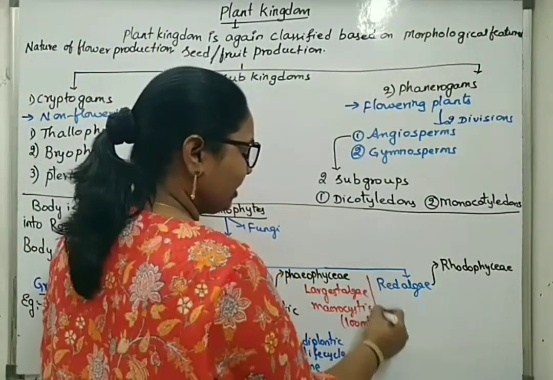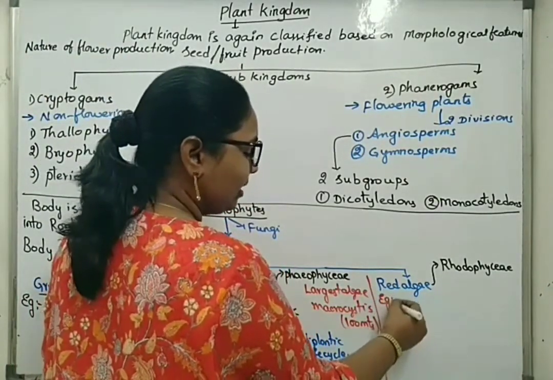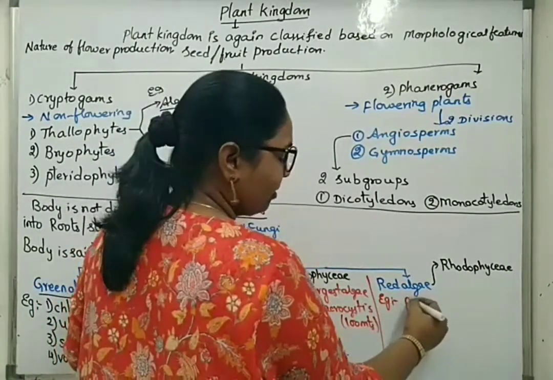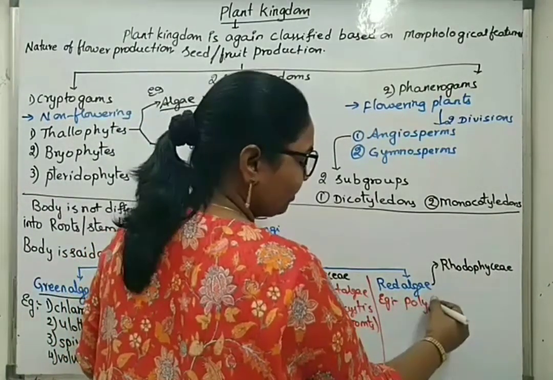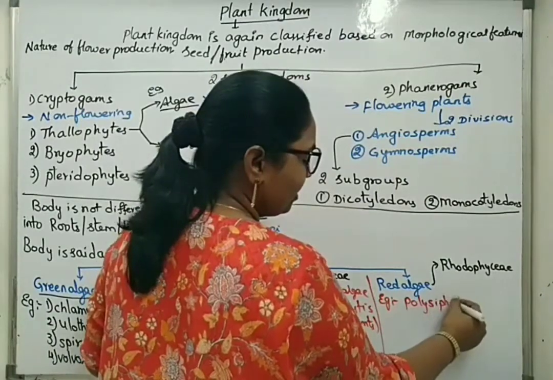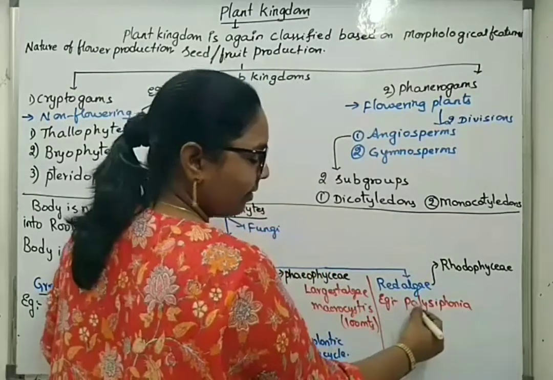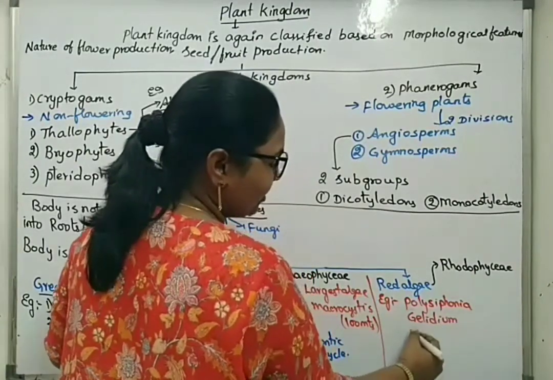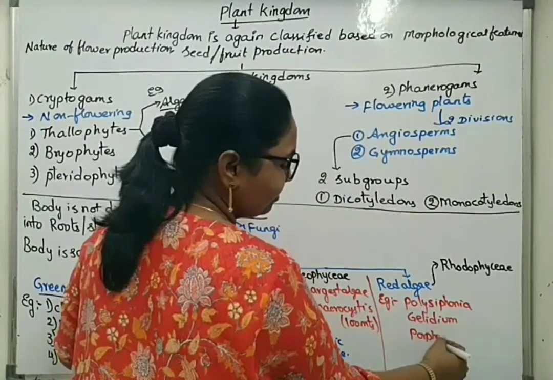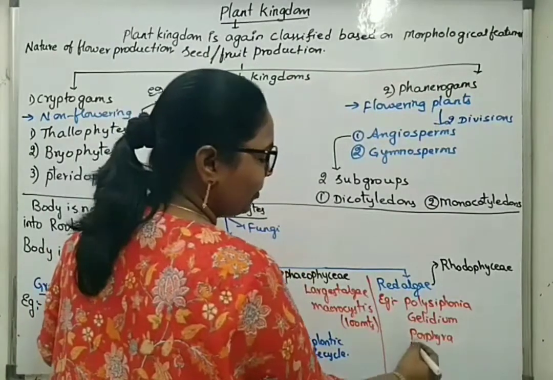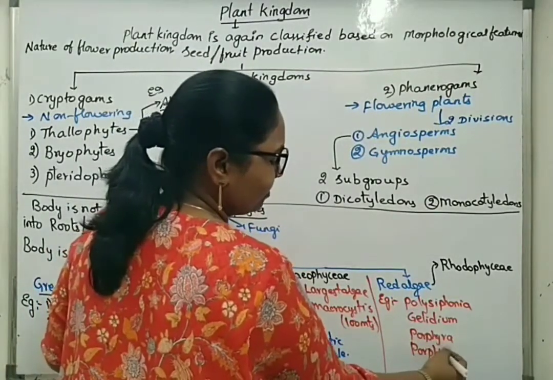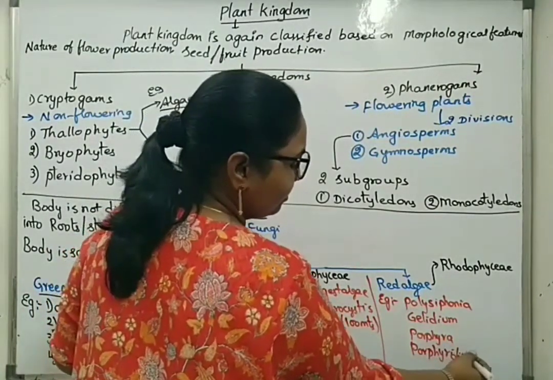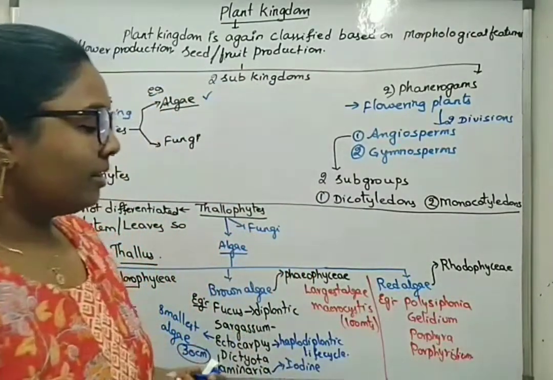Coming to red algae, examples are Polysiphonia, Gelidium species, Porphyra, and Porphyridium.